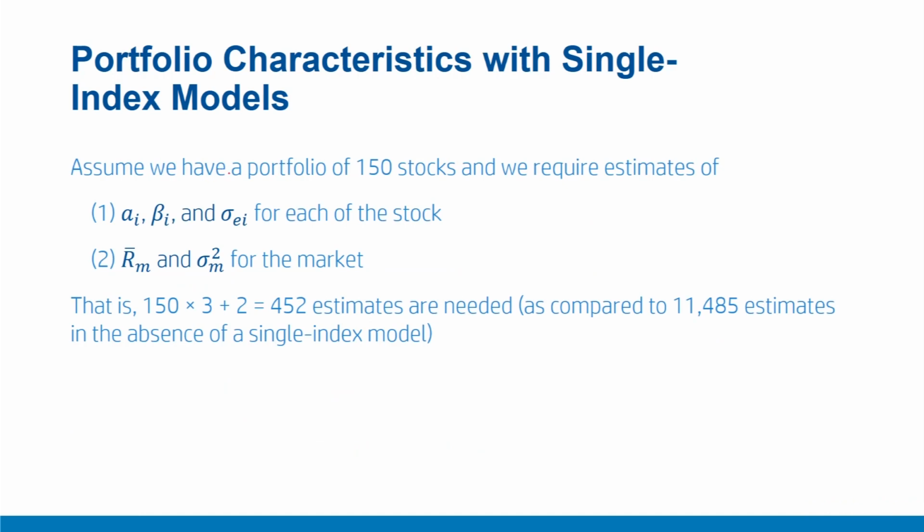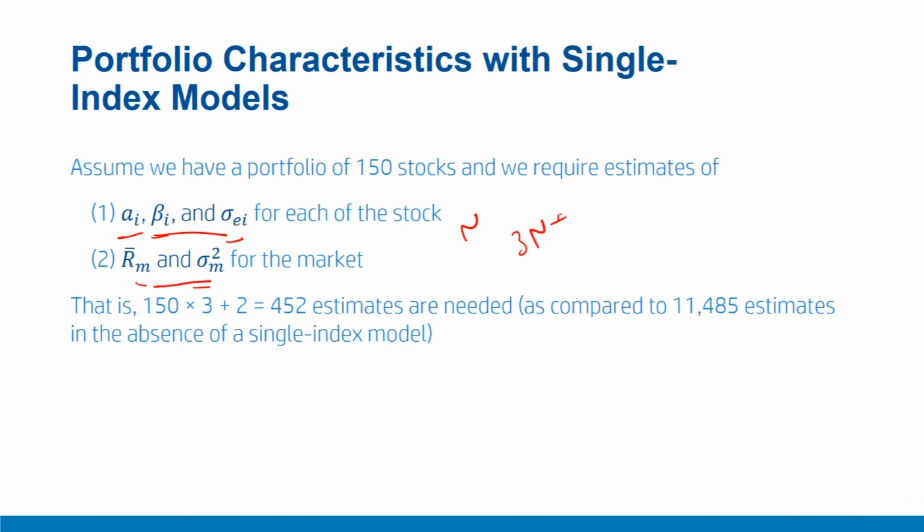Looking at these equations of portfolio risk and return, it should be clear that we require estimates of alpha i, beta i and sigma ei for each of the stocks, and estimates of Rm bar and sigma m square for the market. Now, if you have n securities, then you need 3n estimates for these 3 terms and 2 estimates for these 2 terms.